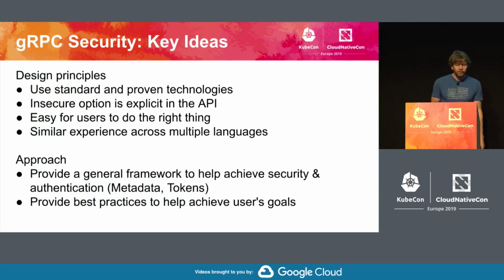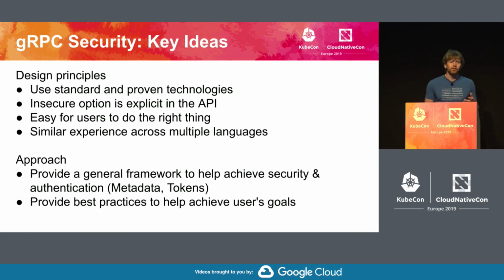So first, I wanted to review some of the key ideas behind the gRPC security design. I think it's very useful for understanding the how and why. So I already kind of said that building authentication and security is a lot about avoiding mistakes. So when building gRPC, we wanted to build it on top of standard and proven technologies.